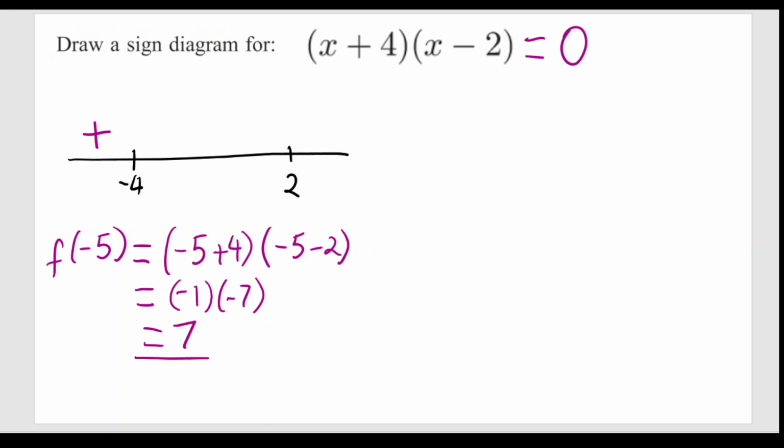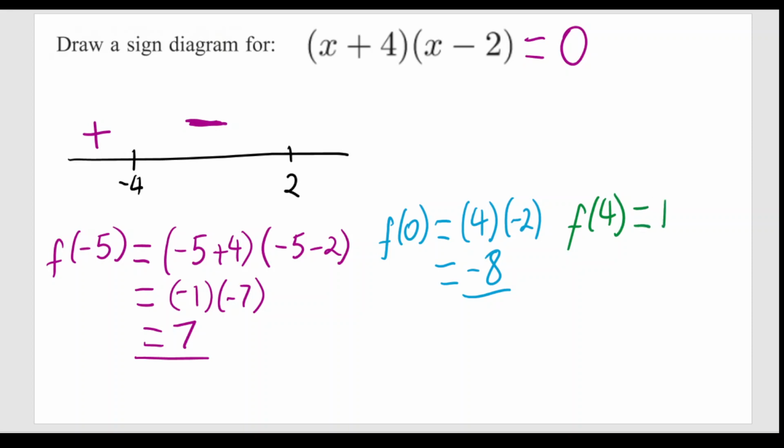The second one that we're going to look at is going to be something in between -4 and 2, so let's just do f of 0. That is going to have 4 and -2 is -8. Because that's negative, put a negative here. Finally, let's just go with f of 4.